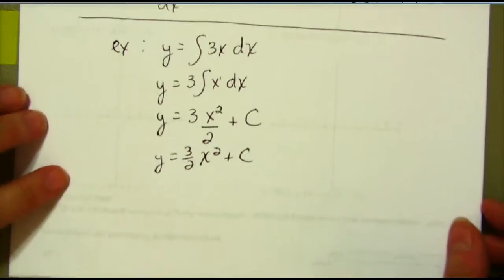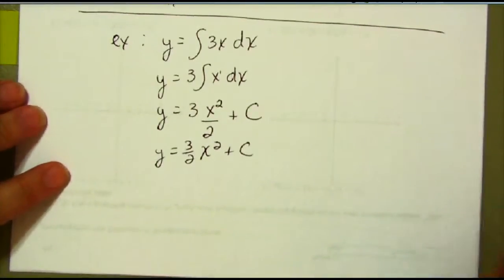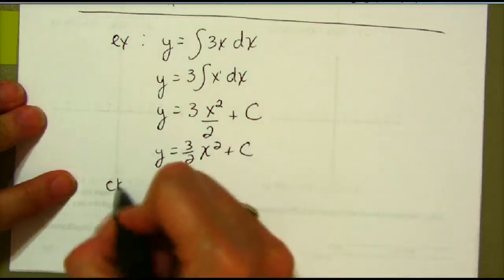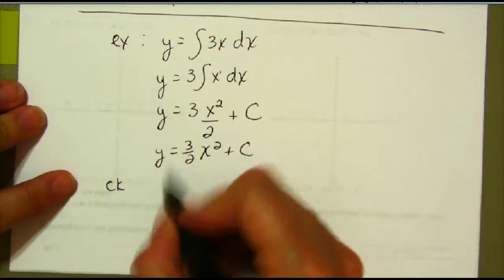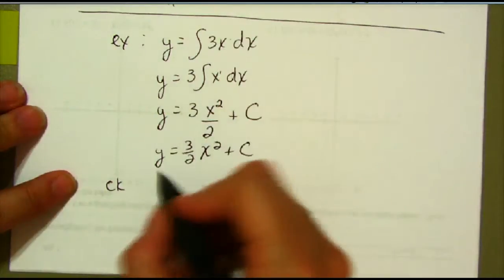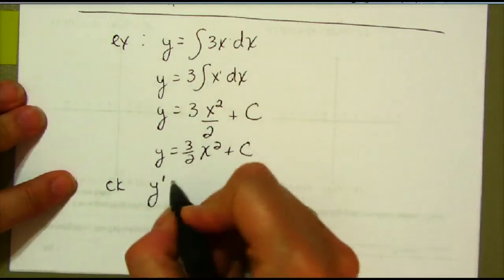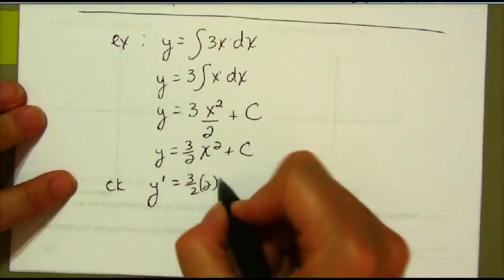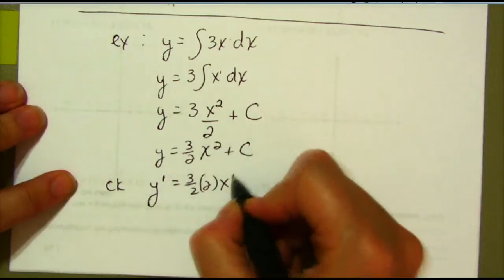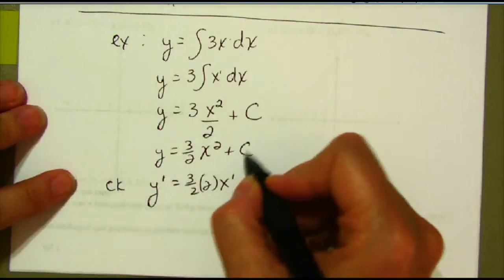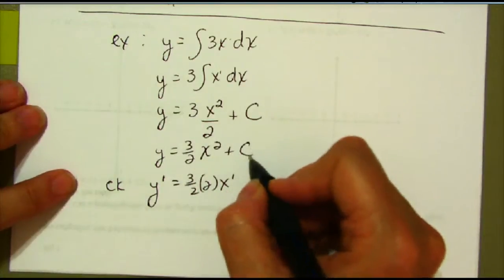In your homework, they're going to be asking you to check to see if this is a good answer. How are you going to check this? You're going to take the first derivative and you should get back to this original function. So let's take that first derivative. Write down my 3/2, bring down my 2, write the variable x, decrease it by 1, and the first derivative of a constant number like a 2 or 3 or 1/2 is just 0.